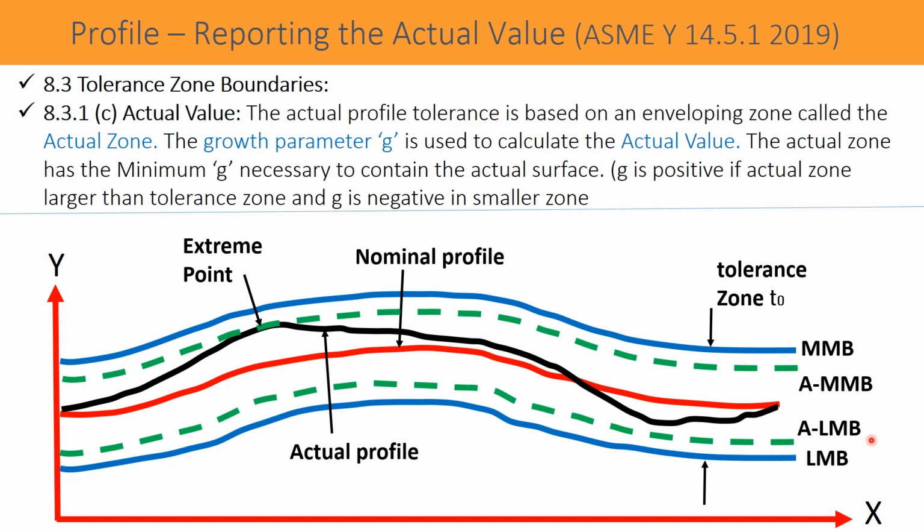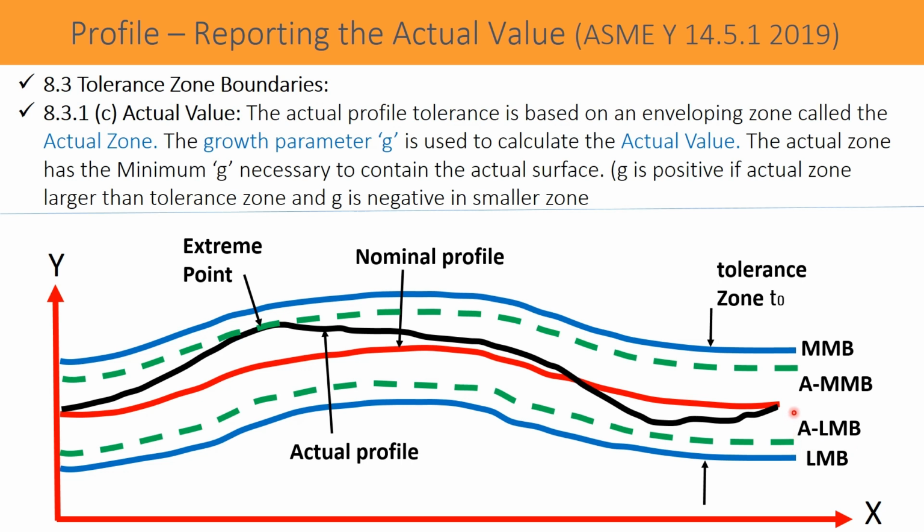Please get informed, one important point here: on the positive side, the actual maximum material boundary is passing through this extreme point, but the extreme point at the lower side of the nominal profile is not touching the actual least material boundary.